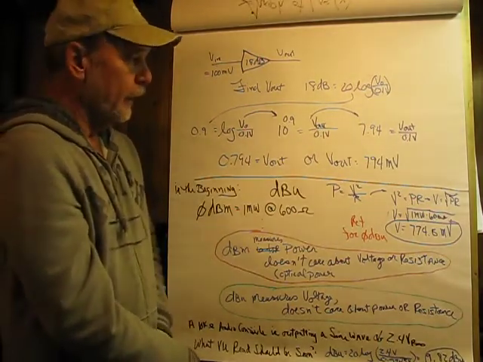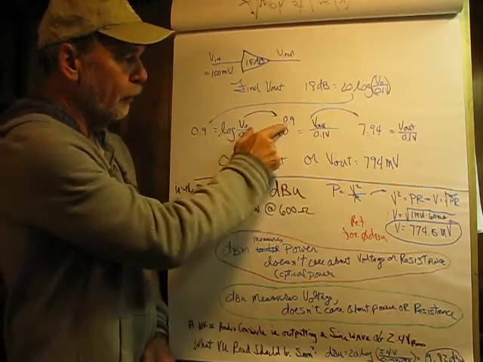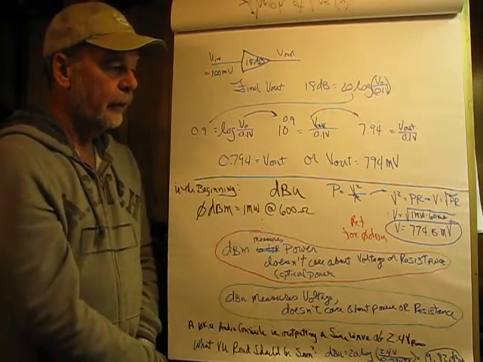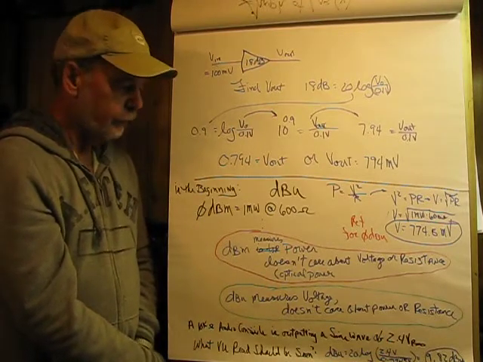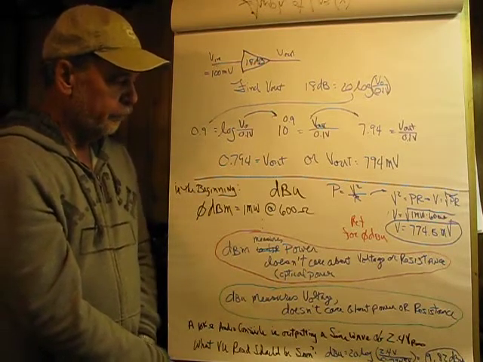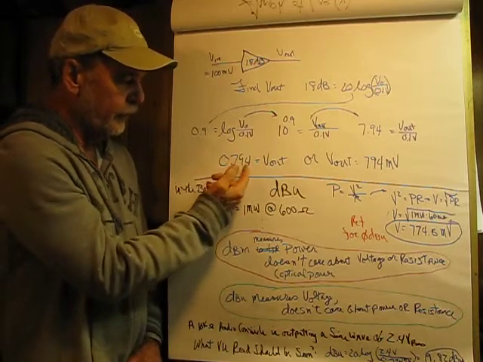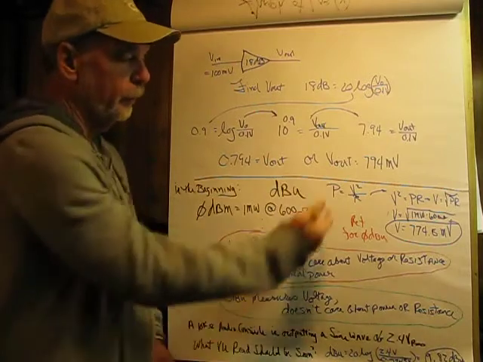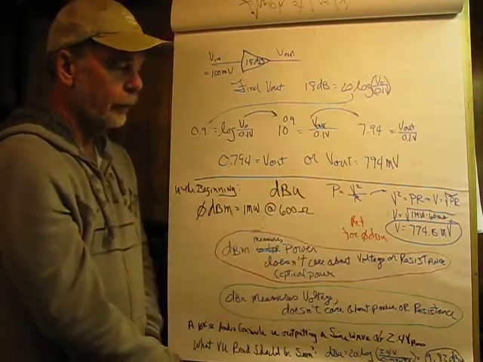And we get 10 raised to this power is 7.94 equals V out over V in, and now it's a simple matter to solve for V out, and that equals 0.794 volts, or V out expressed correctly would be 794 millivolts.